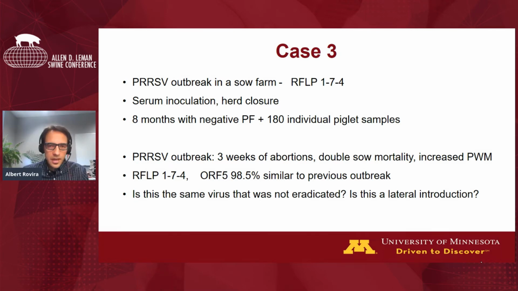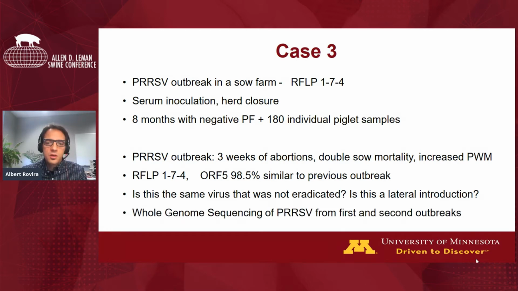If all the animals were inoculated with that virus, they should have homologous protection. Is this a lateral introduction that just seems very similar in ORF5? The 174 viruses are pretty common, so it could be. So those were the questions that we were trying to answer in this case.